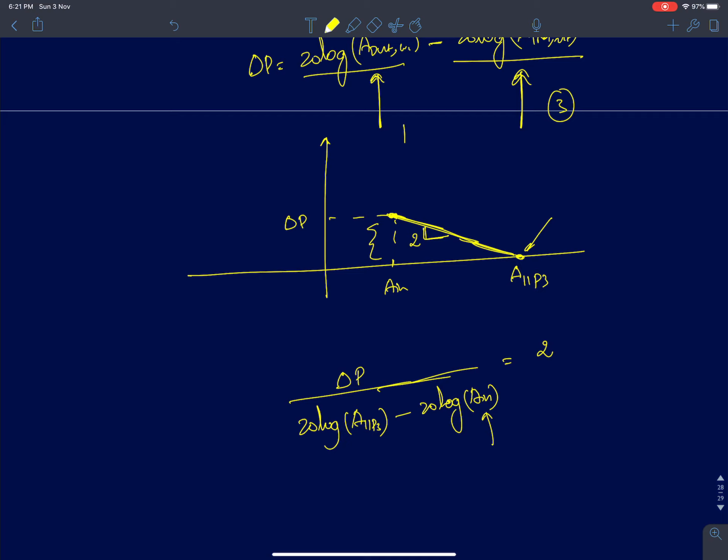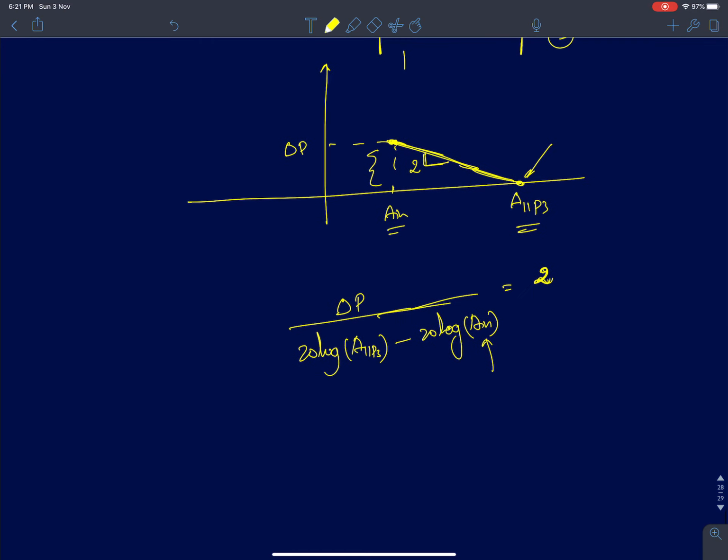Okay, the slope is delta y by delta x. As you increase x, it's actually negative, it is minus 2. Let me write minus 2 here. So y by x is minus 2.